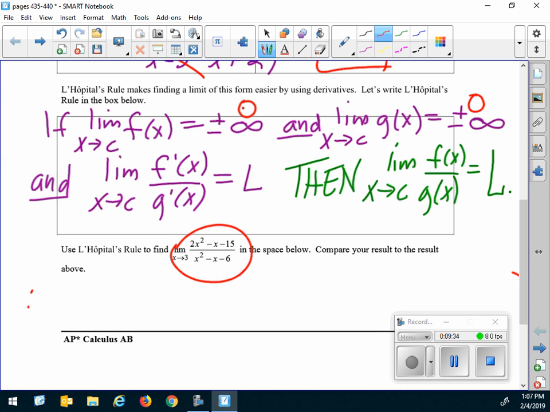Now, what we're going to do is take the derivative of the numerator and the derivative of the denominator, and evaluate that as x approaches 3.